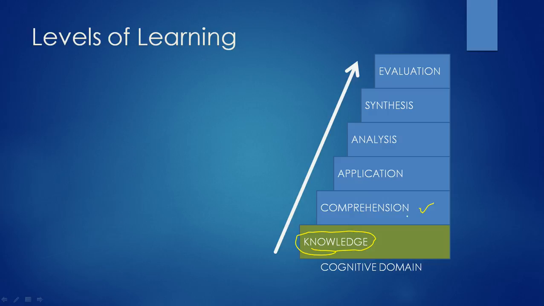An example of comprehension would be the definition I told you to rephrase in your own words. If you were able to take those underlined words out, put your own words in there, and rephrase that definition, that's an example of comprehension. That would be at that level.